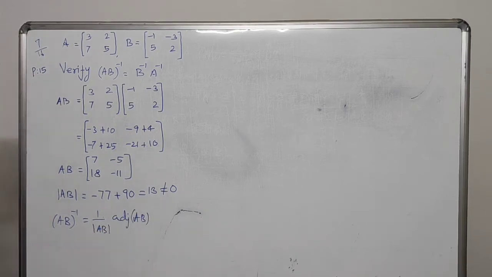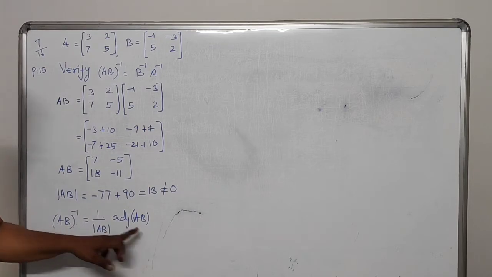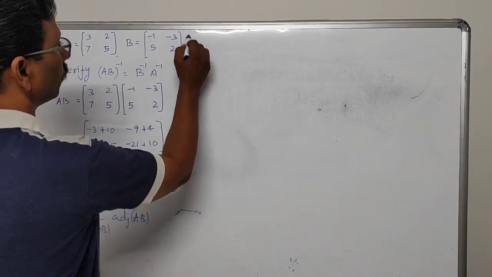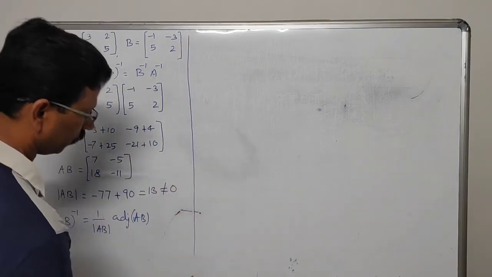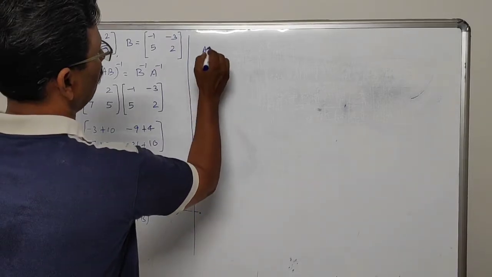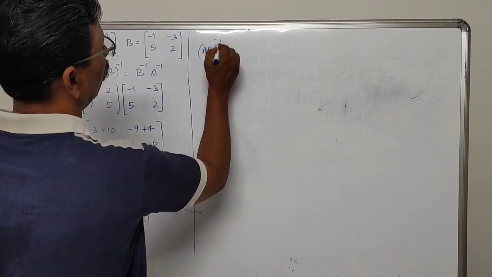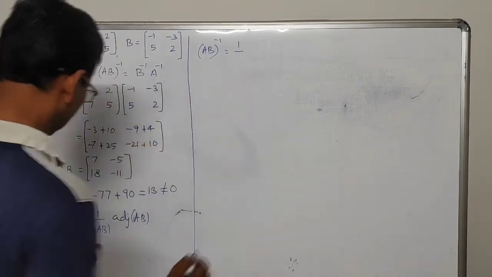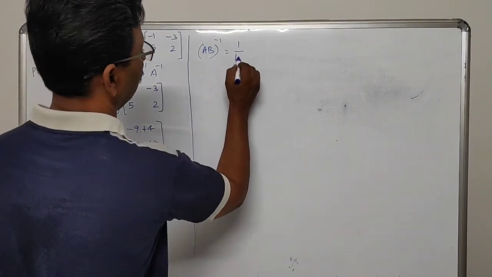Now this adjoint AB we can find directly, hence we can write AB whole inverse is equal to 1 by determinant of AB, which is 13, into adjoint.